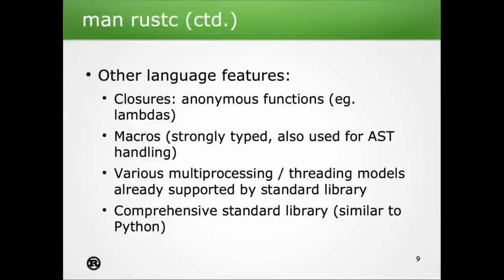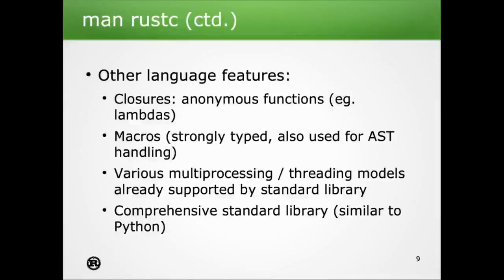As I said, the main difference being that macros are type checked by the compiler. So the freedom that you have if you want to manipulate the AST is somewhat limited.